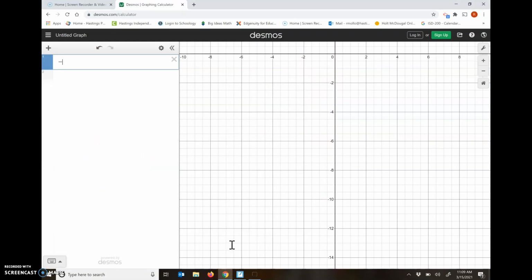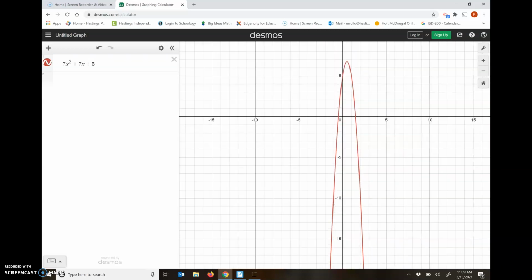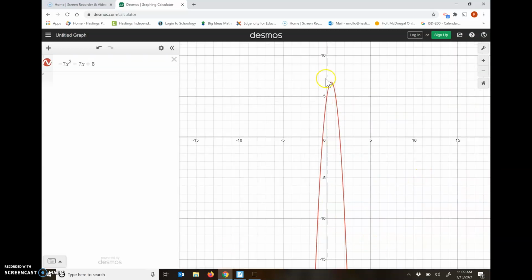So I have negative 7x squared plus 7x plus 5. And like I said, our vertex there up at the top is 1/2, 0.5, and 6.75. And again, this is a maximum because the highest point that this graph will ever be is right up there, 6.75, 0.5.